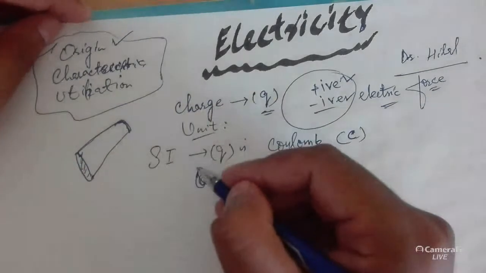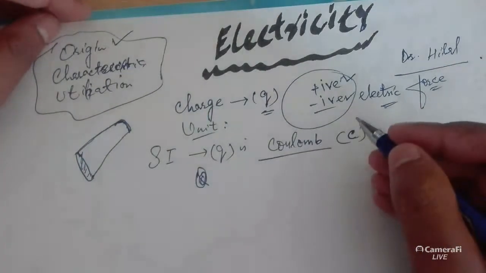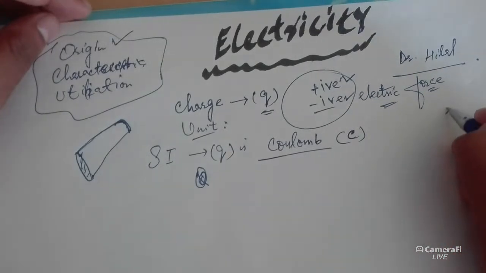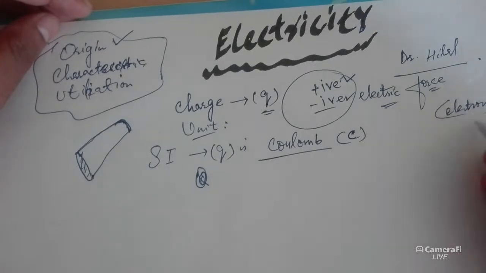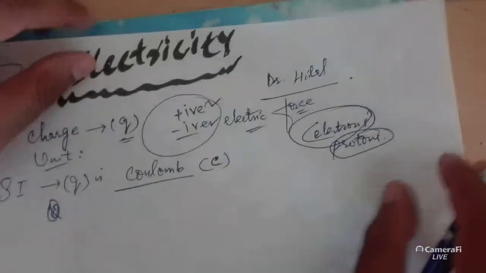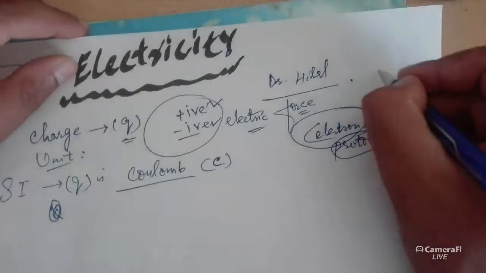We know that everything is made up of elements, and in the elements we have electrons and protons. For example, take any element.